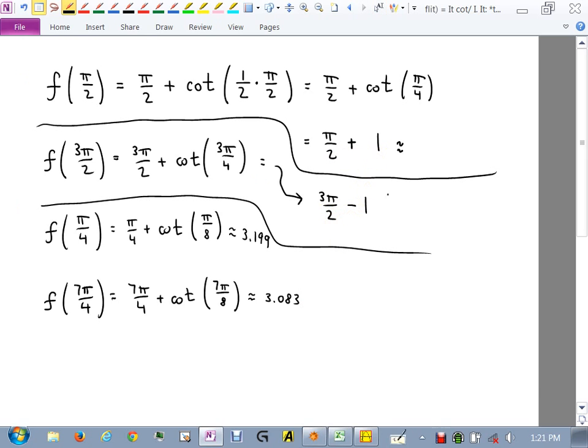And let's do those on a calculator, just see which is the biggest and smallest. 2.57, and then so it's looking like this is our max, and this is our min.